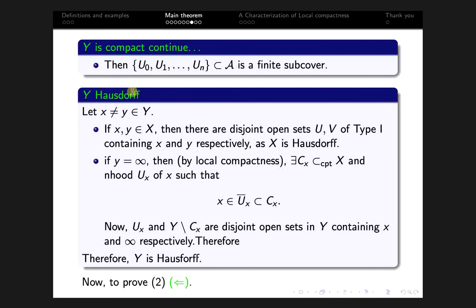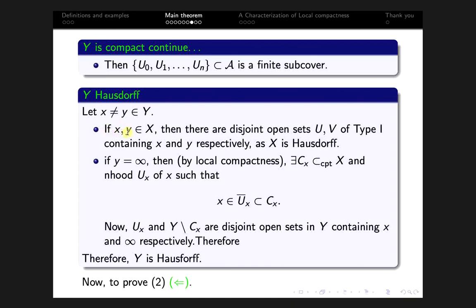Now we show that Y is Hausdorff. Let x not equal to y be two distinct elements in the topological space Y. So now we have two cases.